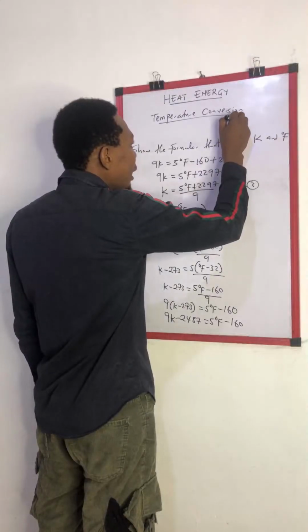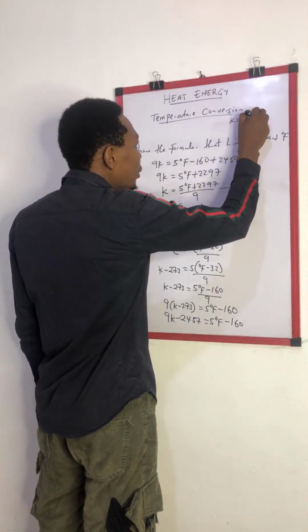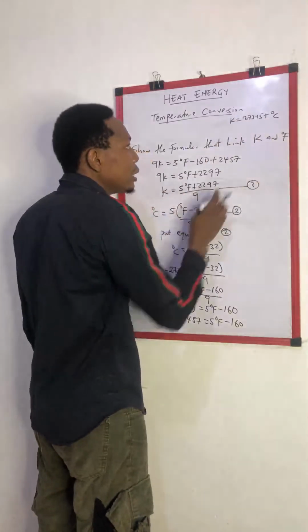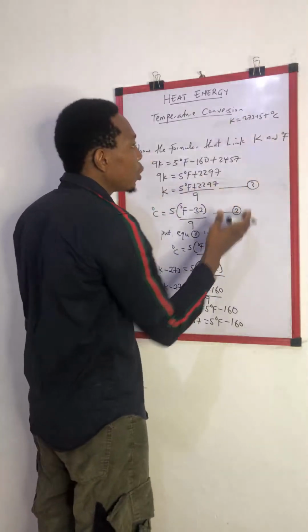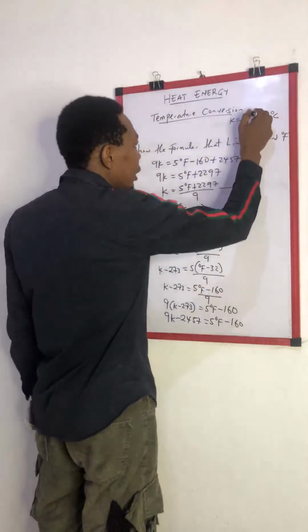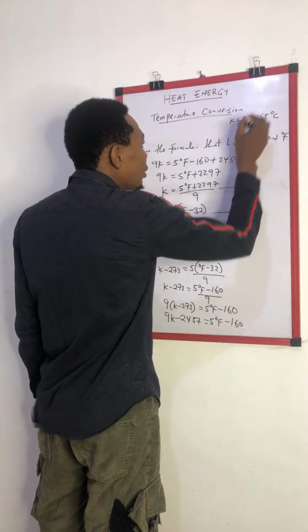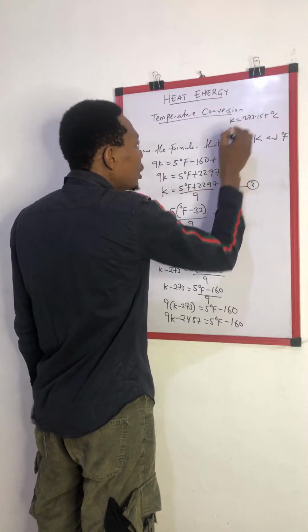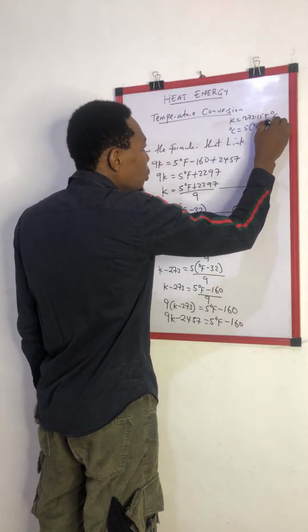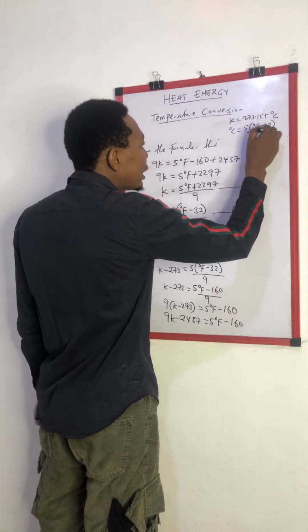So our K, I gave you K equals 273.15 plus degree Celsius. This is in energy. But when it comes to GLT, it becomes just 273, okay, so point what? 15. So I also gave you degree Celsius equals 5 bracket degree Fahrenheit minus 32, then all over 9.